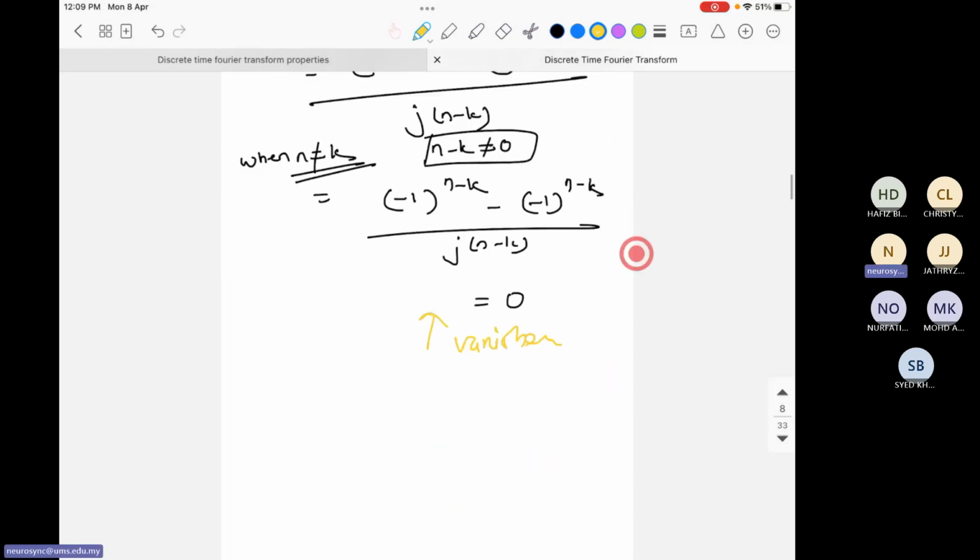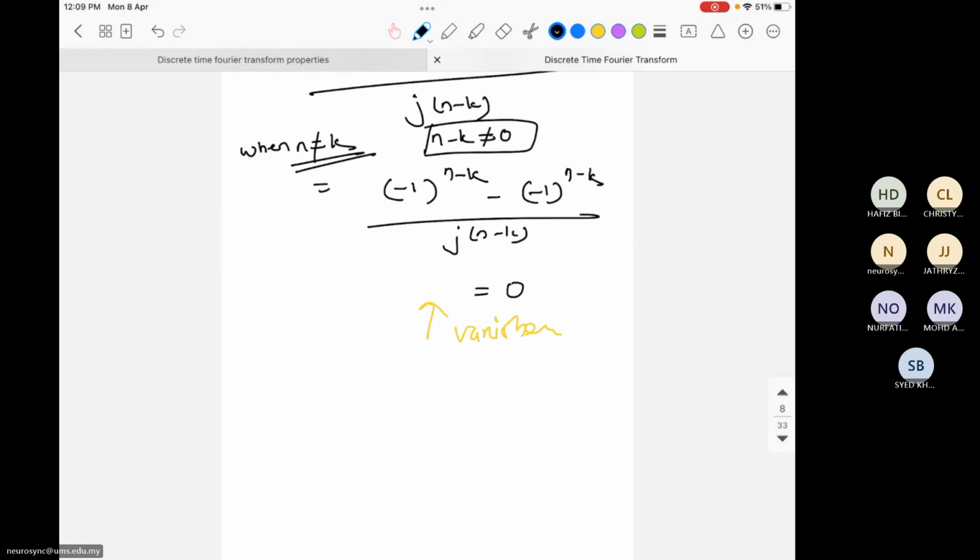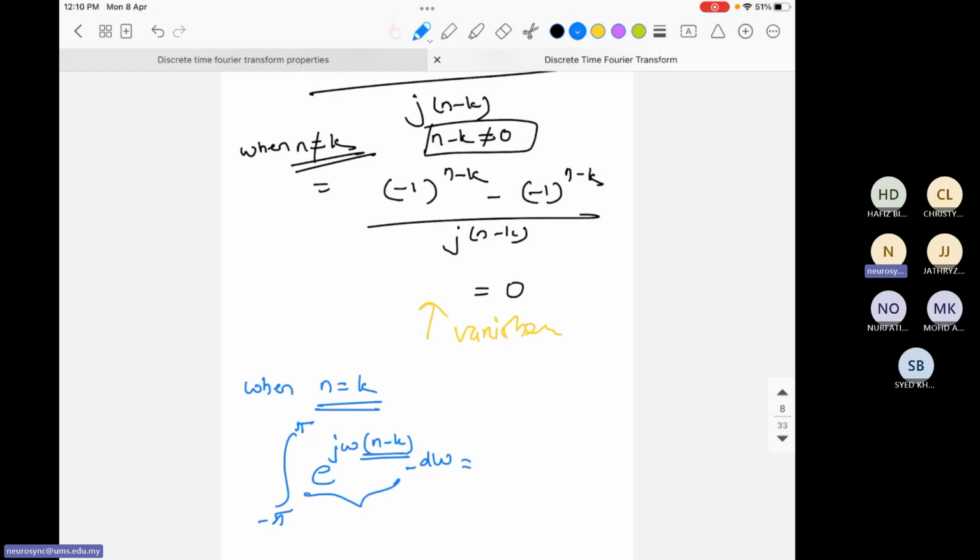Okay. Now when n equal to k, in that case, what will happen? Integral from minus pi to pi of e to the power j omega (n minus k) d omega. So if this is 0, this term is unity, and omega goes from minus pi to pi, so you will get 2 pi.